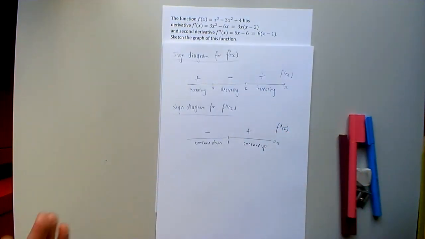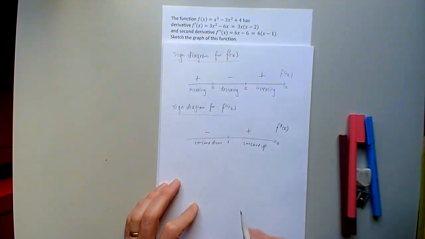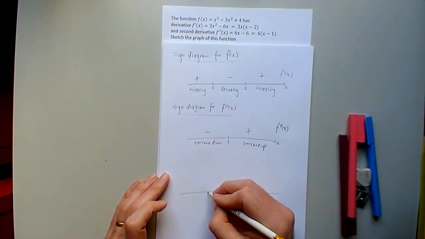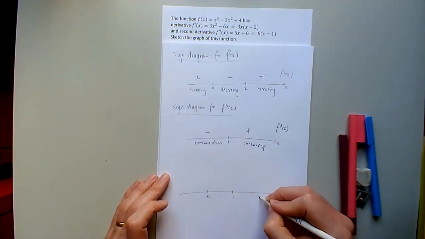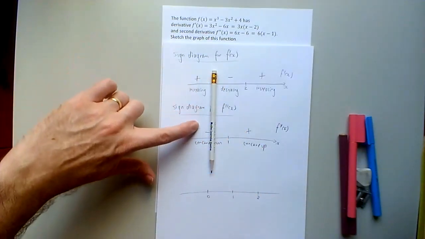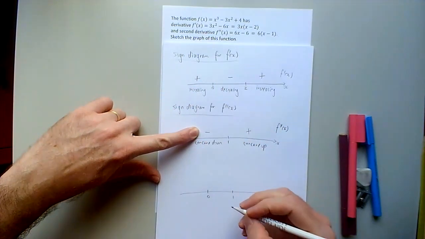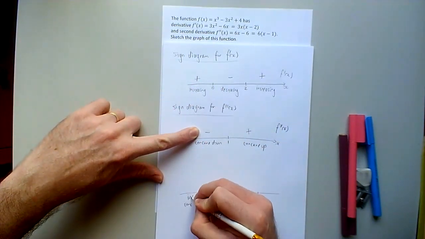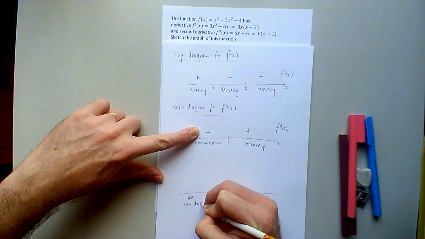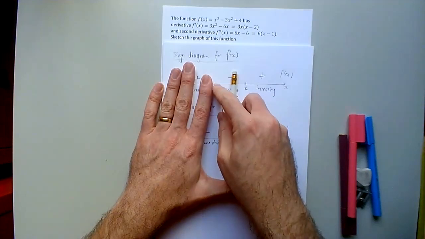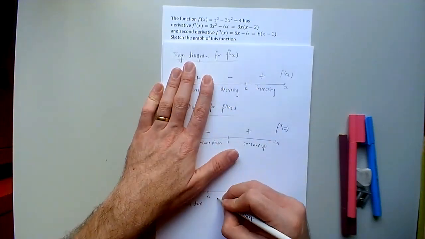And when I look at all of those zones, there are 3 points involved, 0 and 1 and 2. And so I'll do one diagram with all of them. So this first zone before 0, it's increasing and it's concave down. And in this second zone between 0 and 1, it's decreasing now, but it's still concave down.